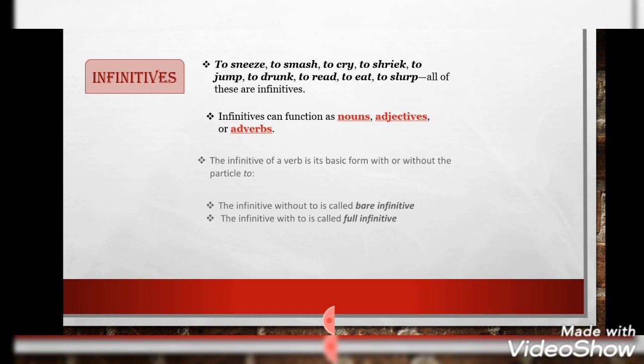Infinitives can function as nouns, adjectives or adverbs. The infinitive of a verb is its basic form with or without the particle to. The infinitive without to is called bare infinitive. The infinitive with to is called full infinitive.